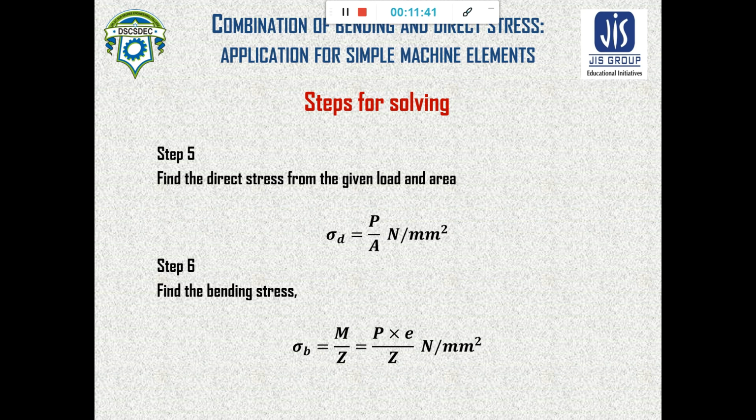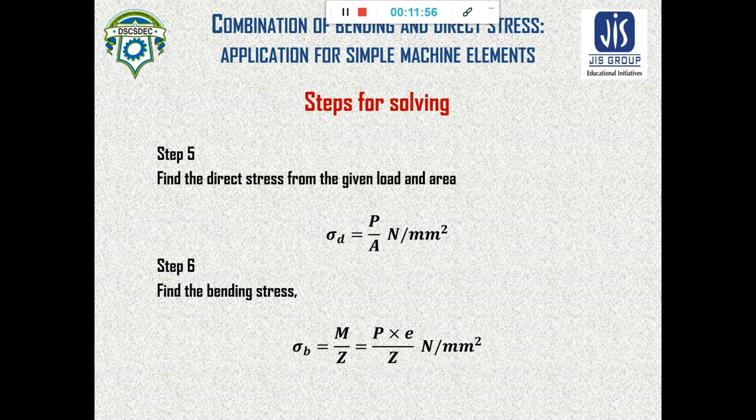If I move that y to the other side, sigma would be equal to M y by I, and I by y is nothing but Z. So that value we can very easily calculate.